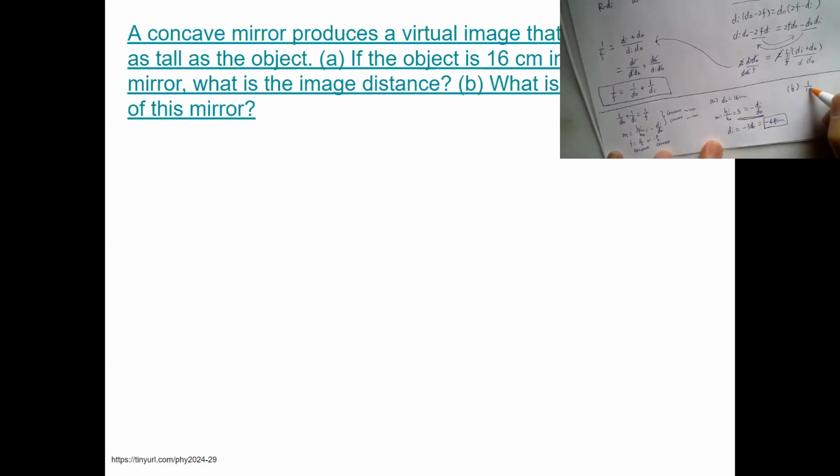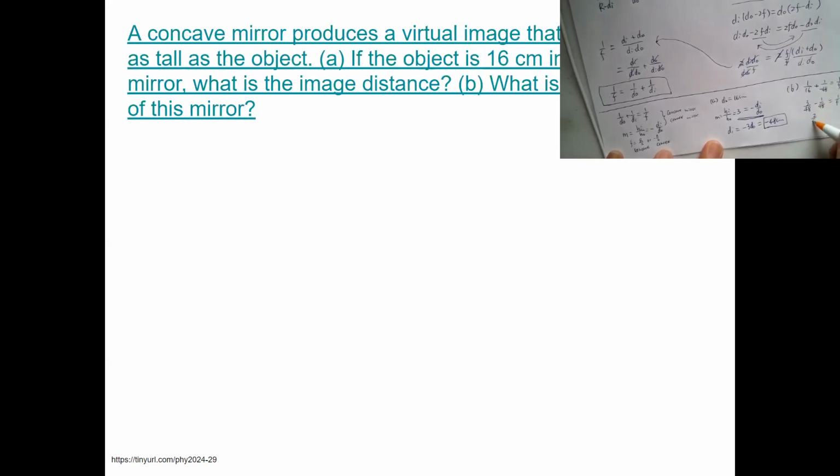So 1 over 16 plus 1 over negative 48 equals 1 over f. Since 48 is 3 times 16, you can multiply the first term's numerator and denominator by 3. So 3 over 48 minus 1 over 48 equals 1 over f.